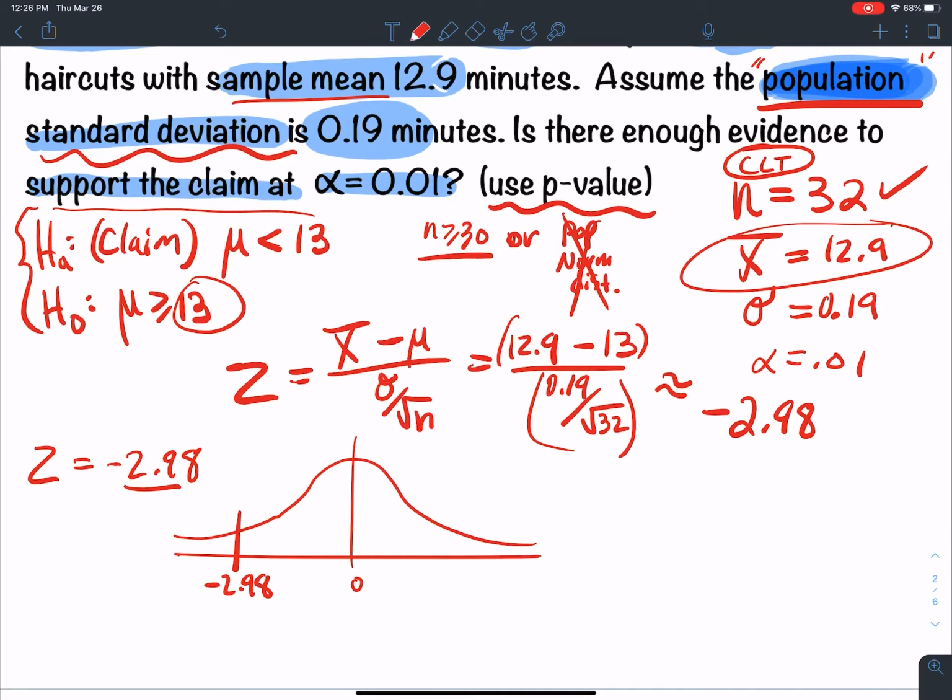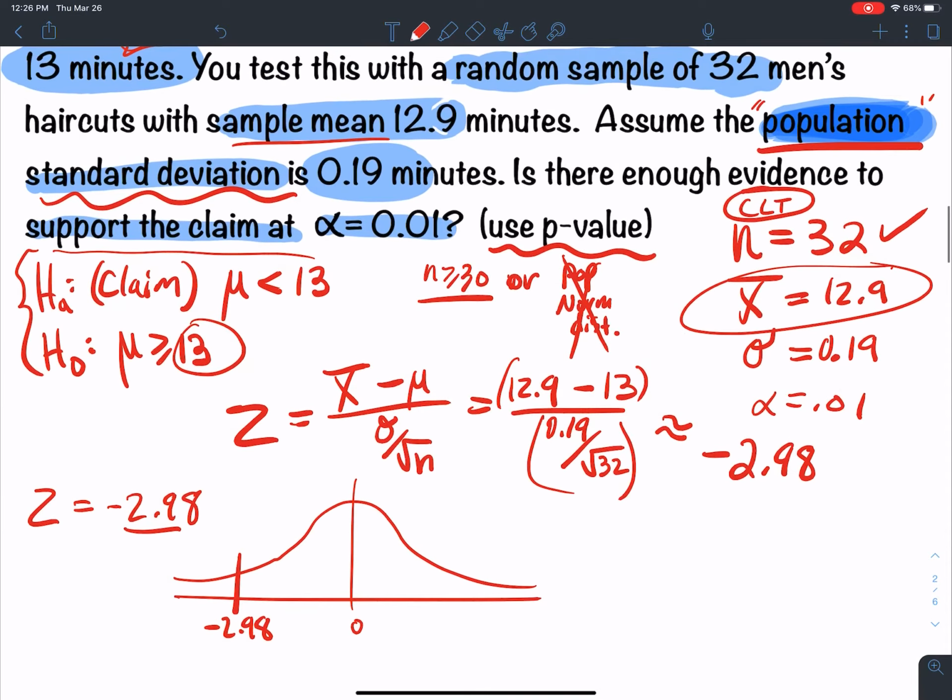So what type of test is this? The type of test is determined by the HA. The HA says less than, so that's a left-tailed test. Left-tailed test.